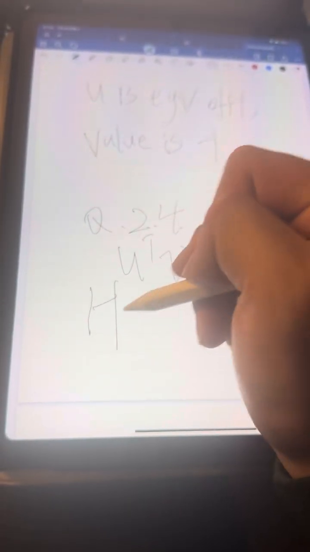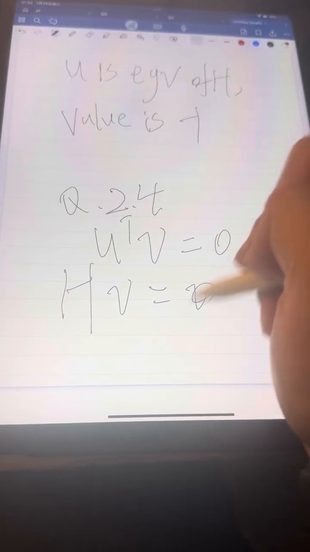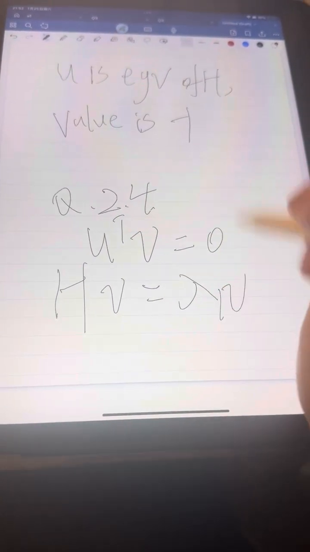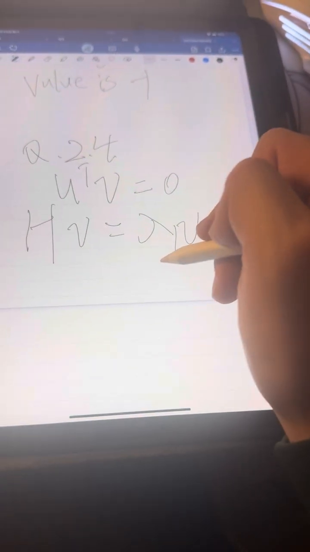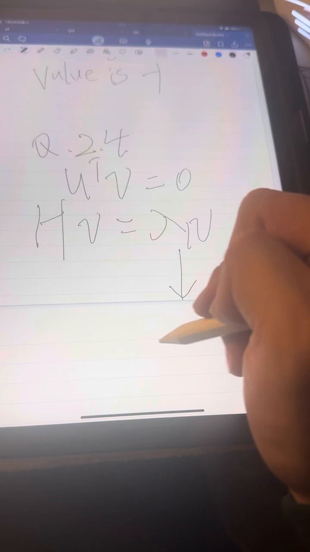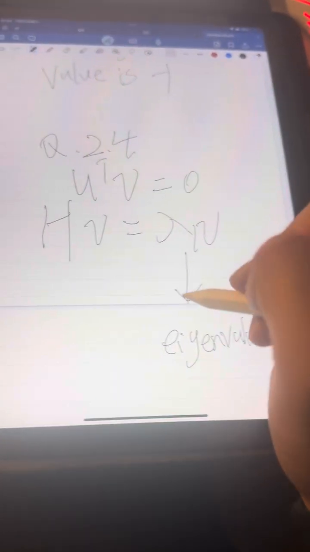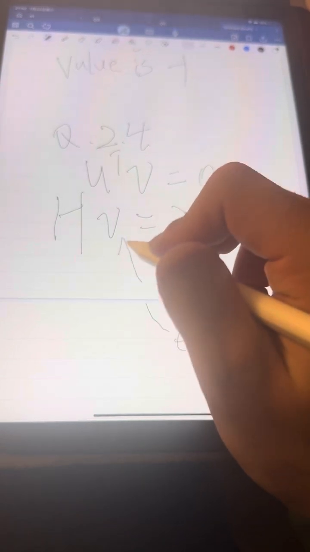So we just need to repeat what we did in the last question. Here, lambda 1 is also the eigenvalue associated to the vector V.